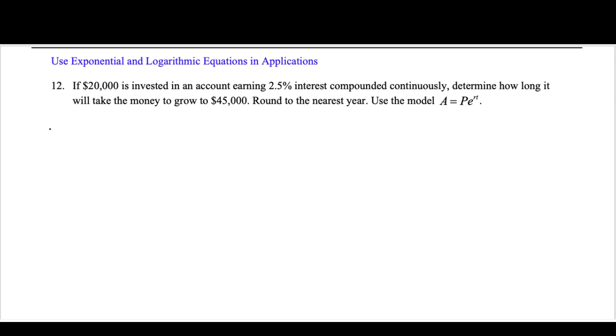So we want to say, how long will it take for the $20,000 to grow into $45,000? So $45,000 is the money that we end up with, so that's the value of A. A is equal to 45,000. 20,000 is the money we start with, the money that we invest, that's the principal, so that's P.